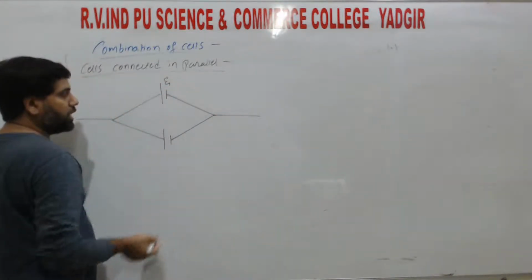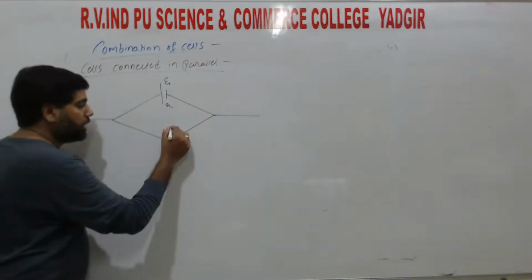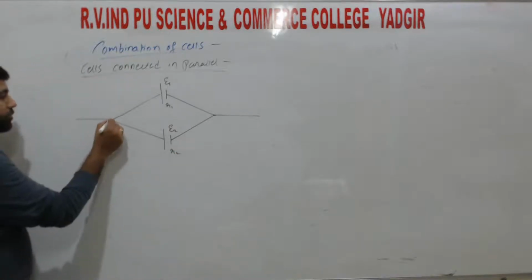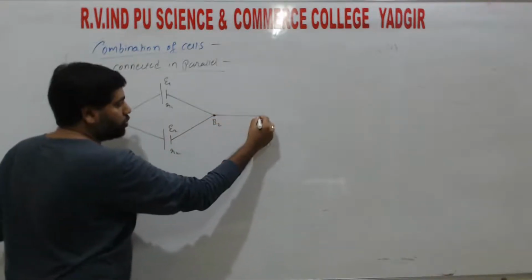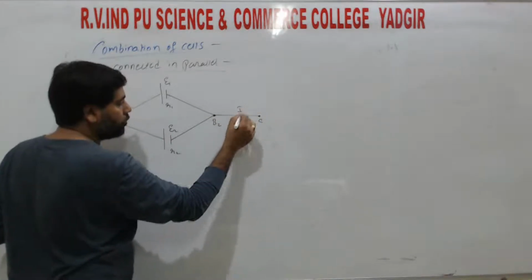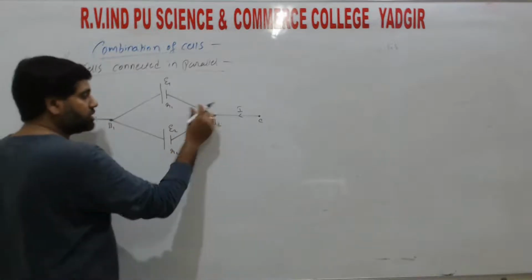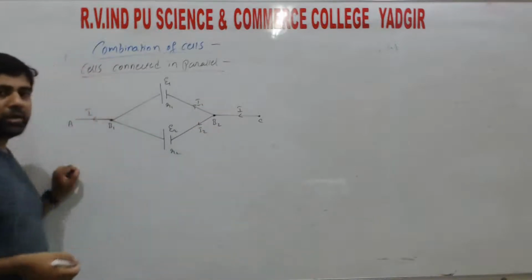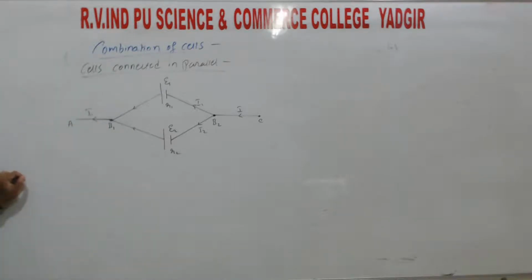E1 is the EMF and R1 the internal resistance of the first cell, E2 and R2 for the second cell. Here A, then points B1, B2 and C. The current flowing is I, and at this junction the current divides into I1 and I2, which combine again to give I.